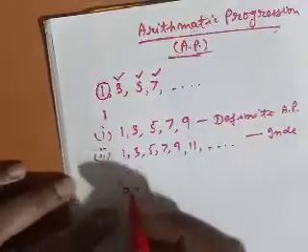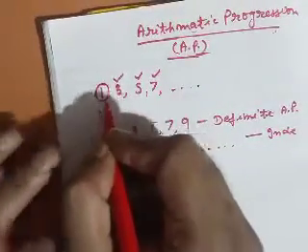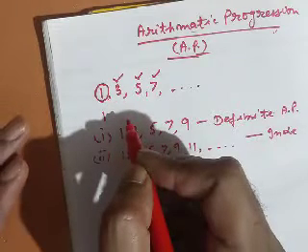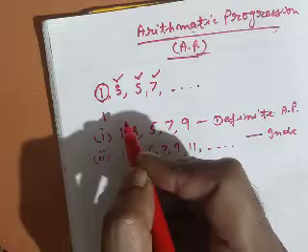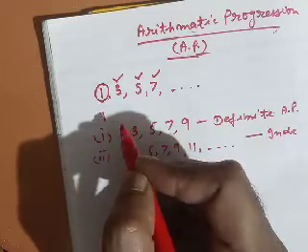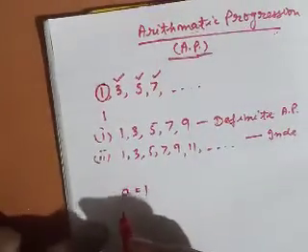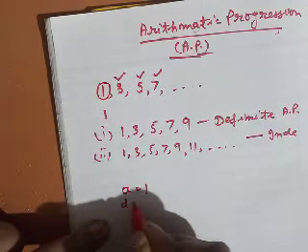The difference between two successive terms is called the common difference, and it is denoted by small d. So how do we calculate small d?